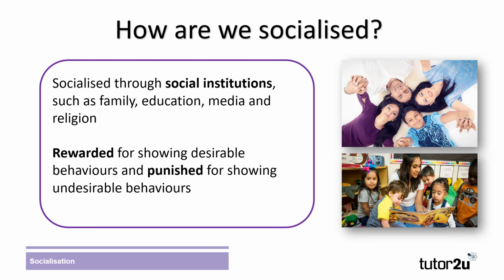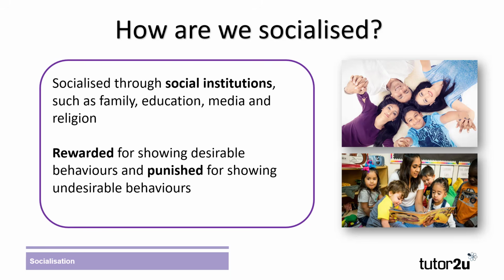But how are we socialized? These social institutions, for example, our families, the education system, media, and religion, provide us with guidance on how we should act in different social situations or what values we should uphold. This is often done through modelling such behaviours or through direct instruction.